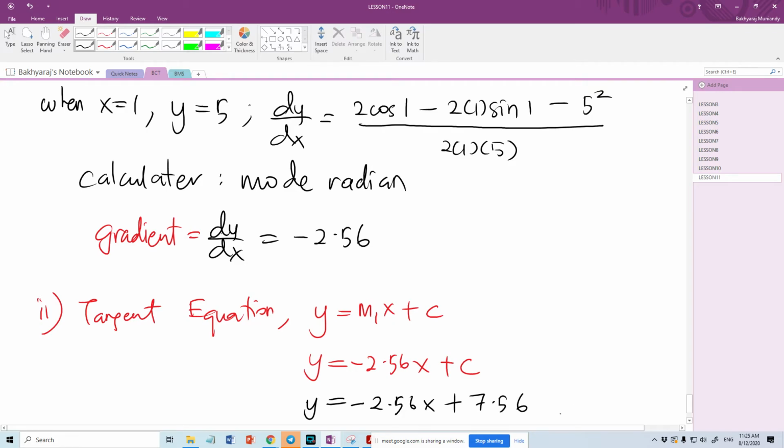Correct. So we have completed the tangent equation.